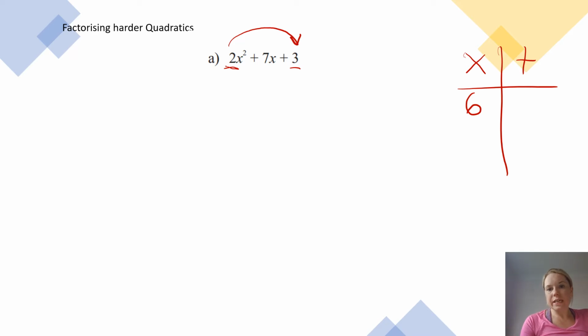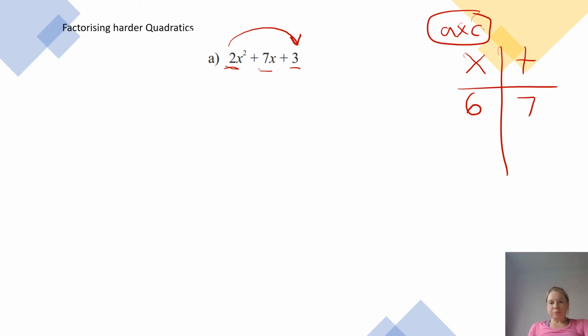That's a times c, if you think of this as a, b, c. And then the adding is the one in the middle, the 7. So I need to find two numbers which multiply to get 6 and add to get 7. That's my first step. And they're all positive, which makes it slightly easier.